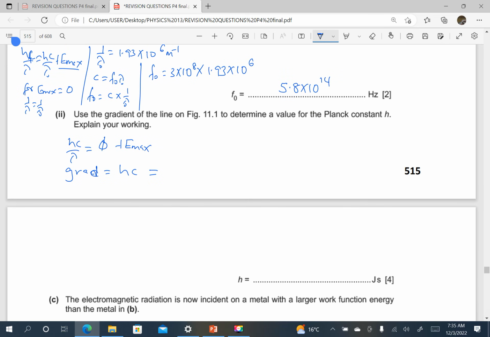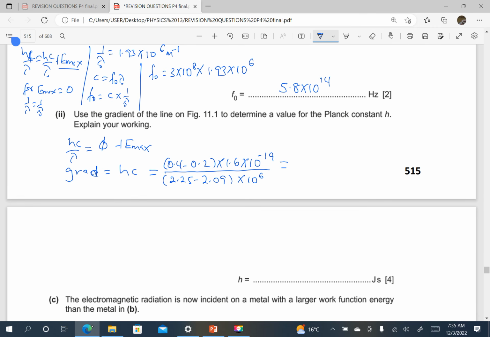I'll just show it here. 0.4 minus 0.2 times 1.6 times 10 power negative 19 to change it to joules, divided by 2.25 minus 2.09 times 10 power 6.